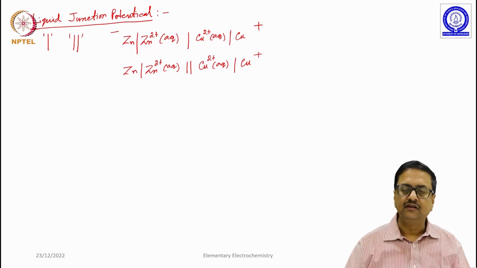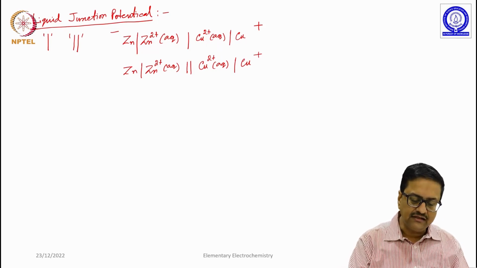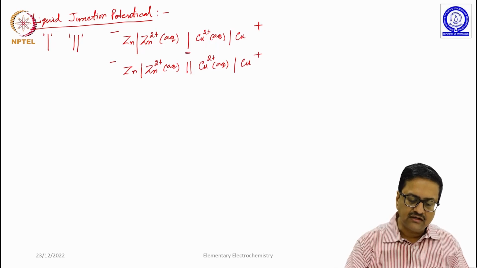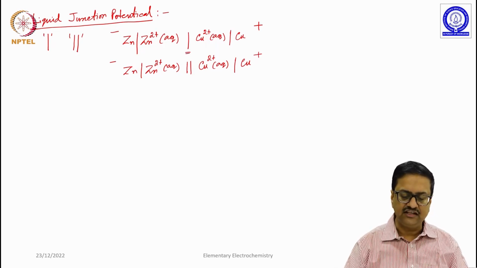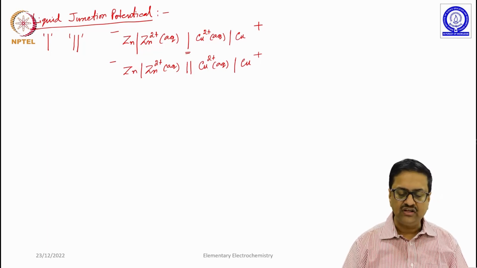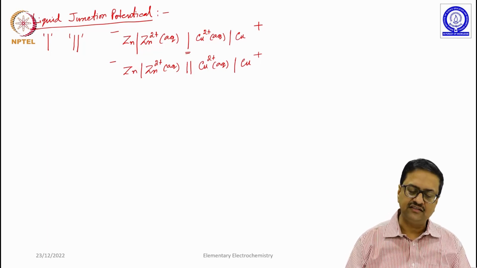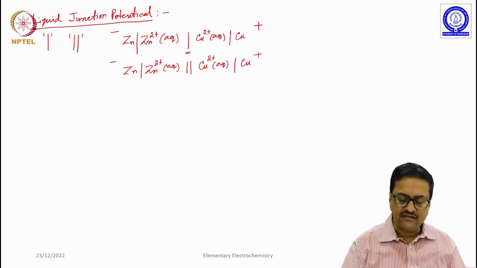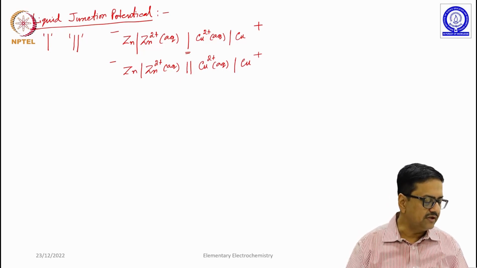These two have a slightly different meaning. When you write one line, it essentially means you have a semi-permeable membrane which allows for the passage of ions from one chamber to the other, and that creates a certain problem.